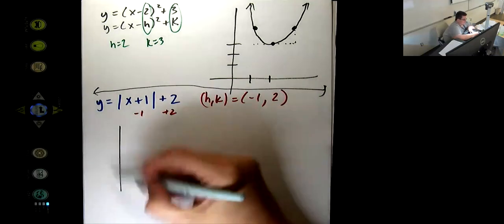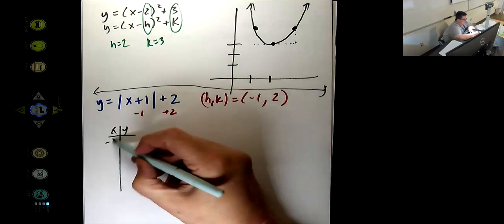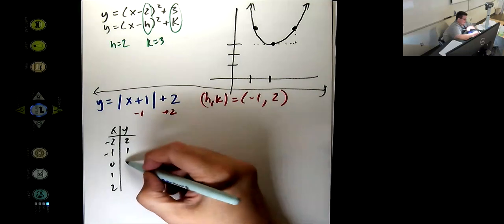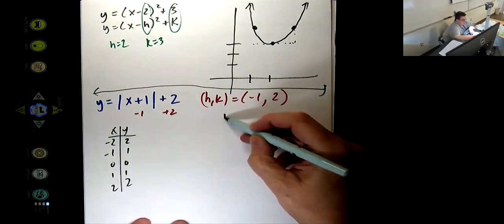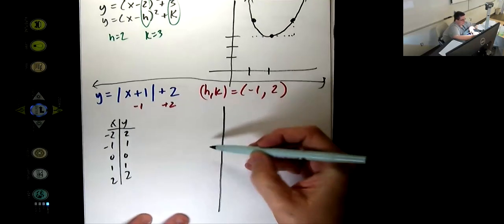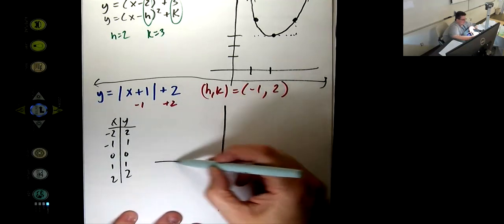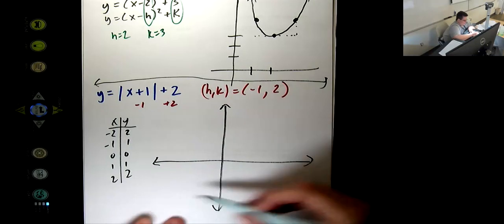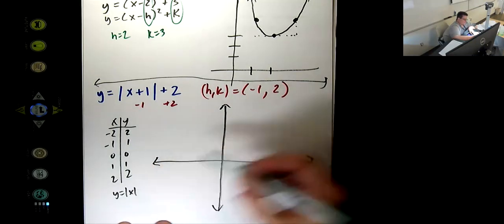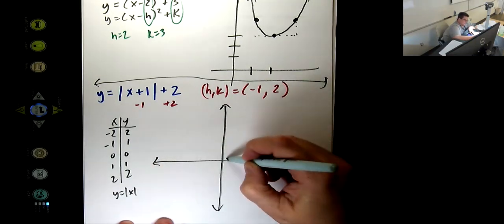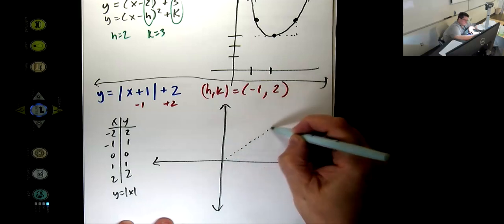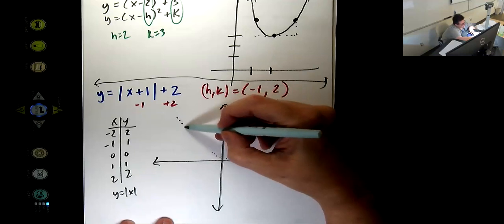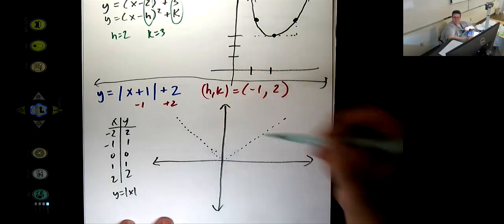The absolute value normally just makes everything positive. If it helps, until you've mastered the basic graphs, draw the basic one, y equals absolute value of x. I'm gonna do dotted lines because that way I can still see it, but it's not my official graph.